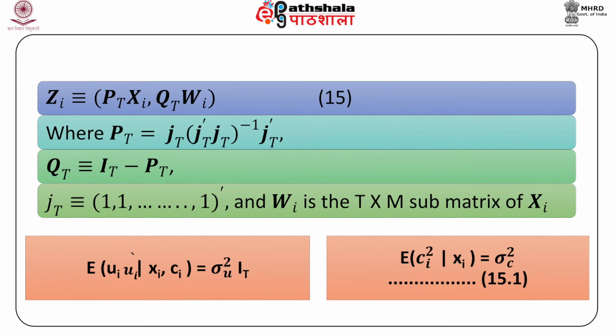This is our equation 15.1 of the random effects model. Here please note that we assume the conditional variances are constant and the conditional covariances are 0, whereas (b) is the same as variance of c_i given x_i equal to variance of c_i, which is a homoscedasticity assumption on the unobserved effects c_i.